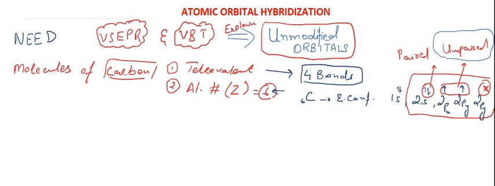So we can see that in this state, which is the ground state of carbon, carbon has only 2 unpaired electrons, so it should make only 2 bonds. But we already said that carbon is tetravalent.